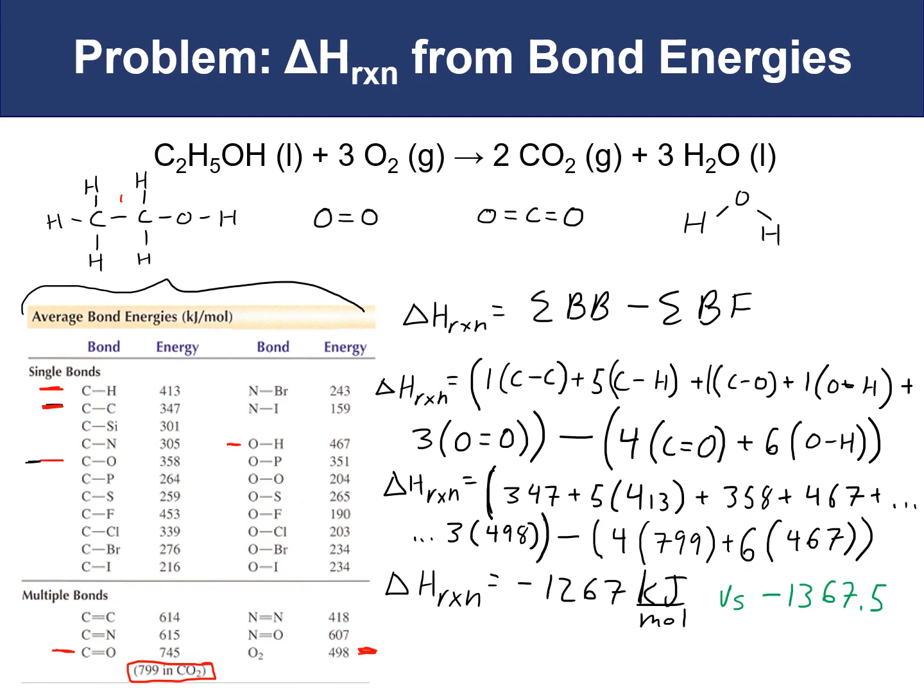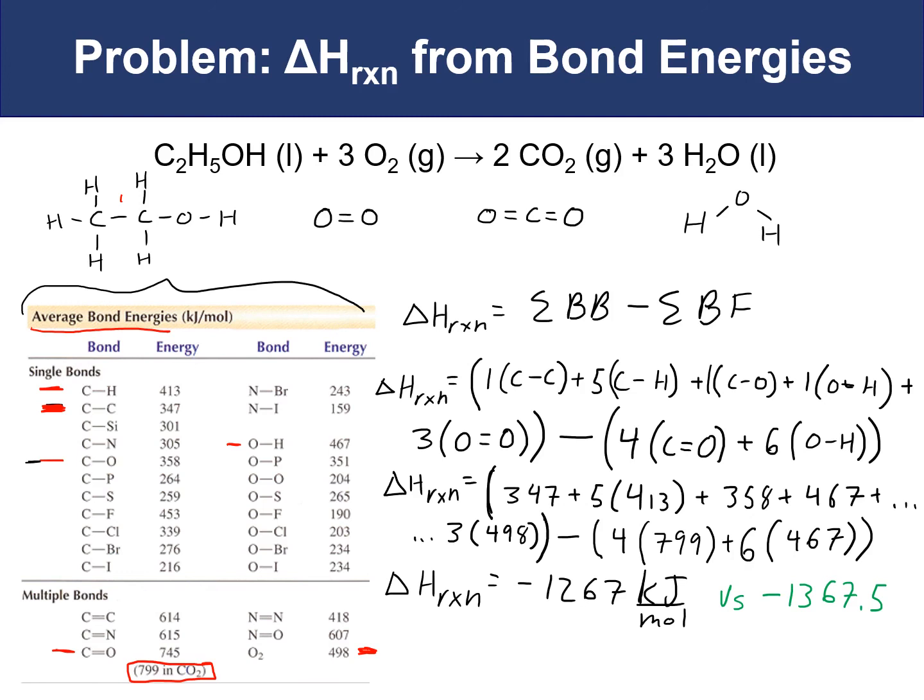There are some problems with it, which is why it's not completely reliable, and that is that the values in our average bond energy table are just that. They are average values. So our carbon-carbon single bond is an average of all the various types of molecules that have carbon-carbon single bonds.